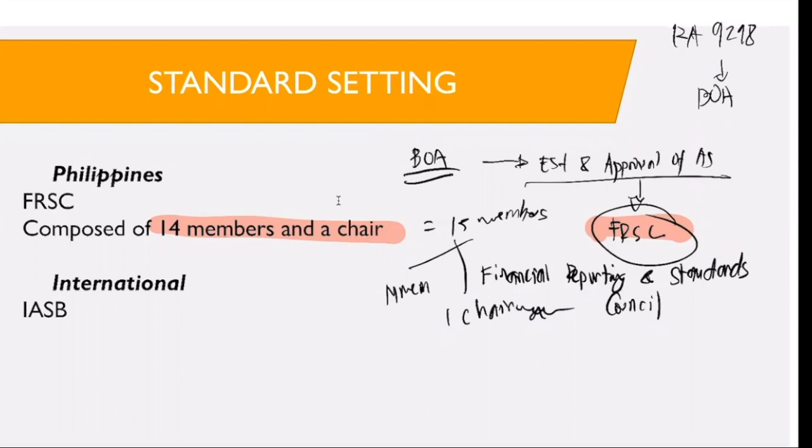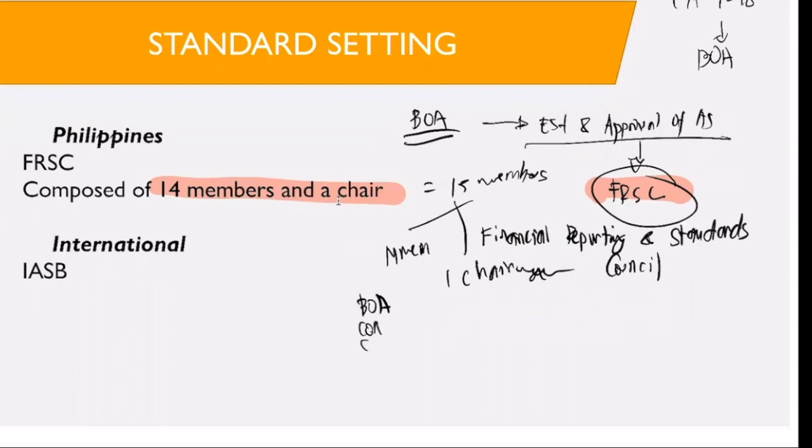Okay, so these 15 members are composed of the following. We have your BOA, COA, SEC, BIR, BSP. We have also your FINEX, your Financial Executives, or the preparers. We have also your sectoral representatives.